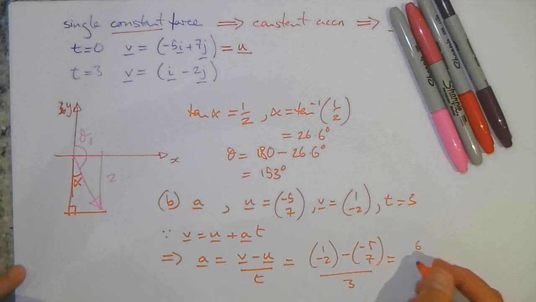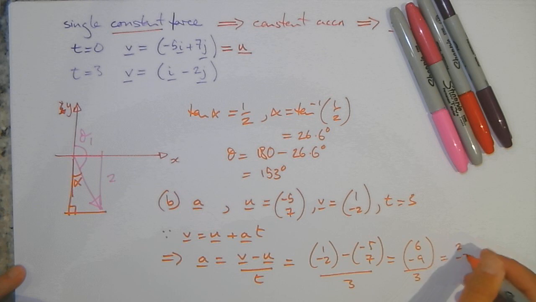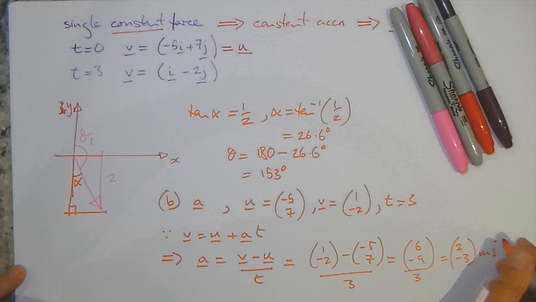Minus 2 take 7 is minus 9. A third of that is 2, minus 3 meters per second squared. I'm just going to check that. It said the acceleration, not the magnitude, so I'm going to leave it like that.